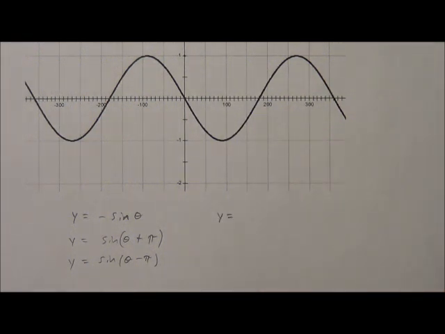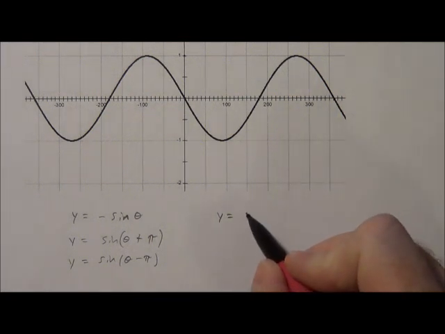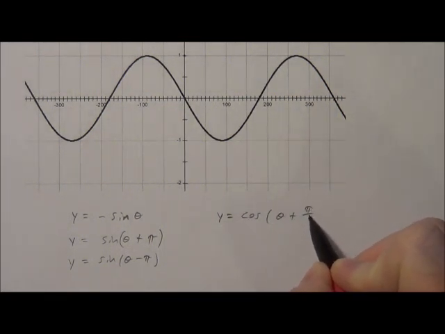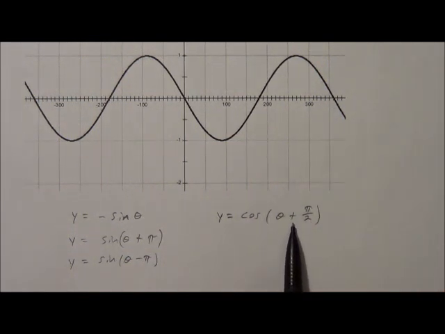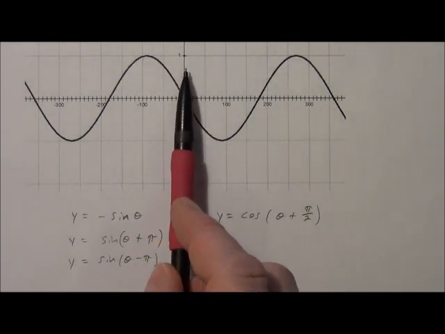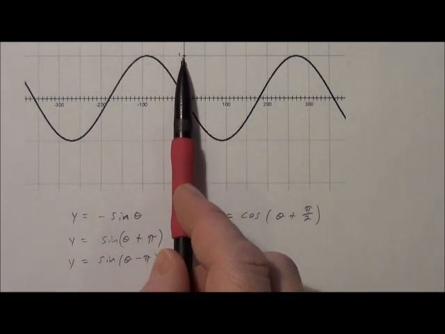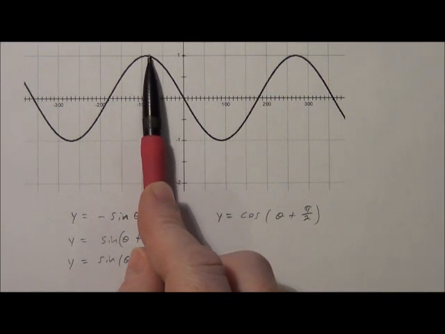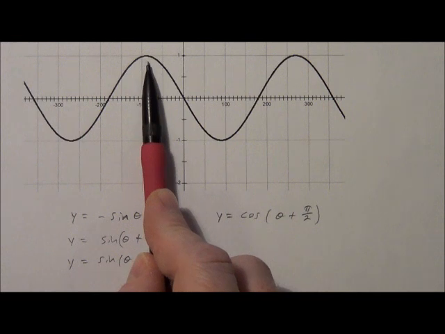Then if we look at it as a cosine function, what would happen here? So we got y equals, okay, so just for example, cosine of theta plus pi by 2. Okay, so that's a phase shift to the left of pi by 2. So cosine would normally start at a value of 1, but it's been shifted to the left pi by 2, so that's where it begins there.